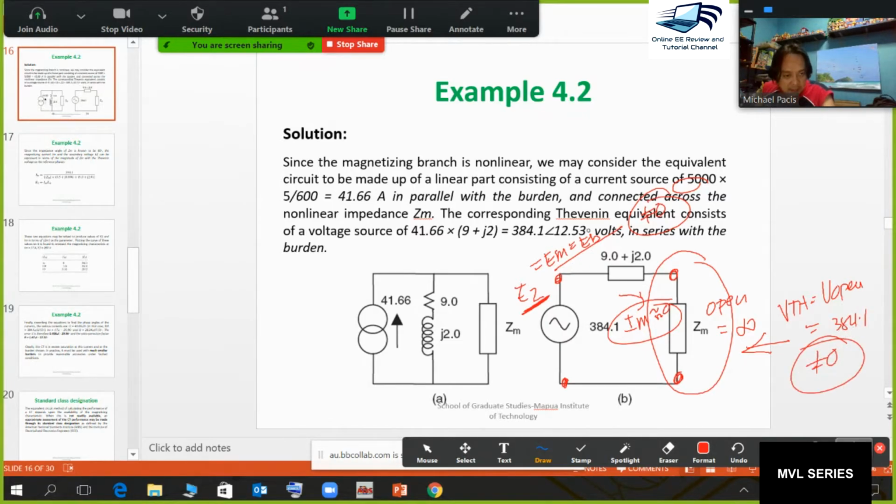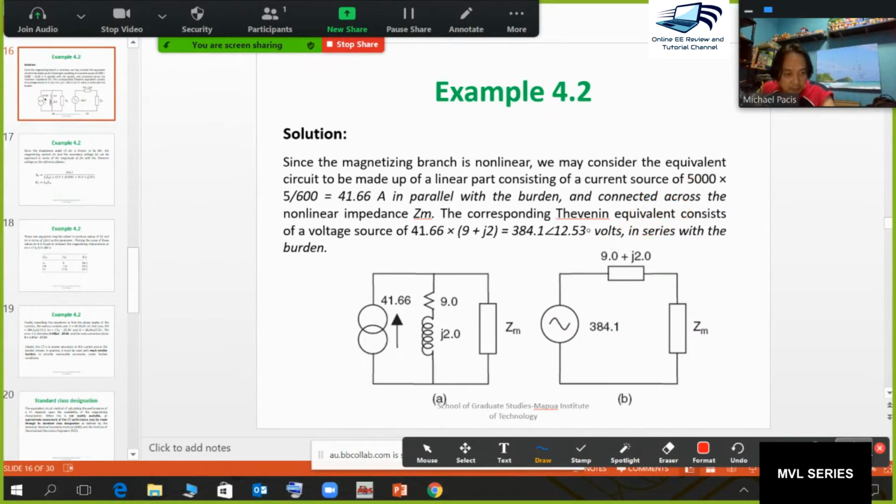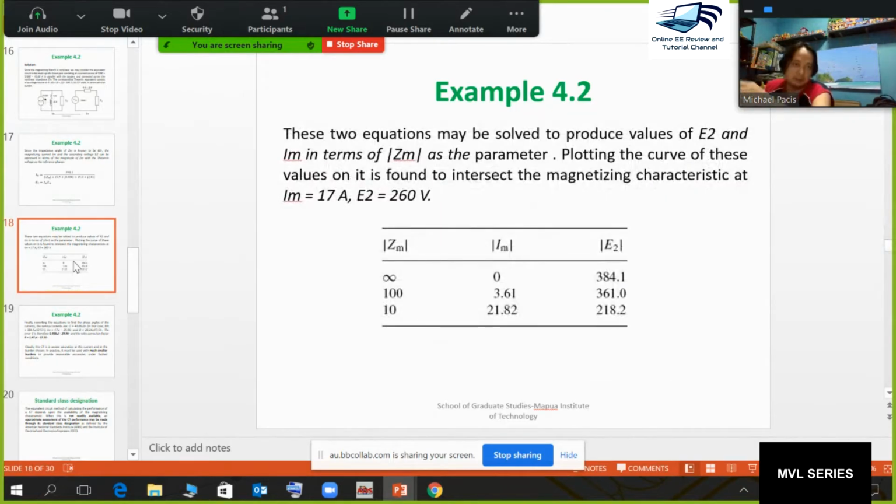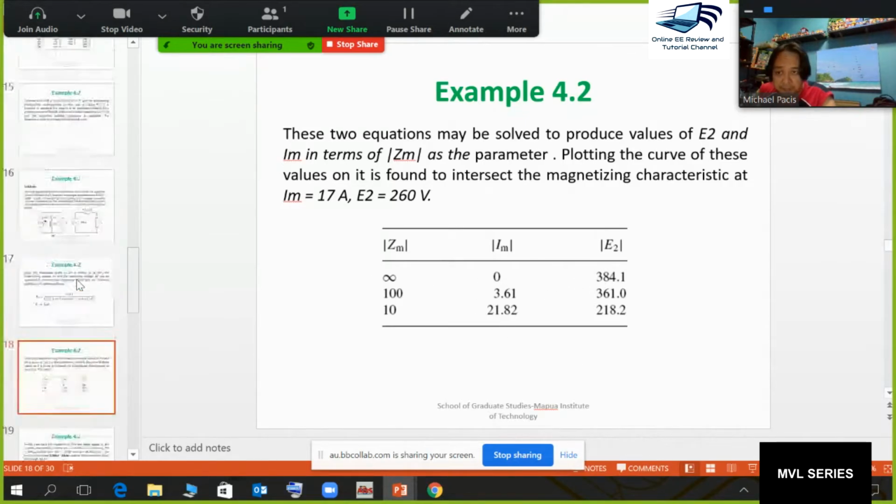Now in this case, we can clear all the drawings. Then we can see it on this table. If you do it on the other parameters, if you have ZM, the answer will be 3.61 for the current, then E2 is 361, and then if you have a value of 10. Now you will have a curve. If you have those values there, create a table and get E2 versus IM.